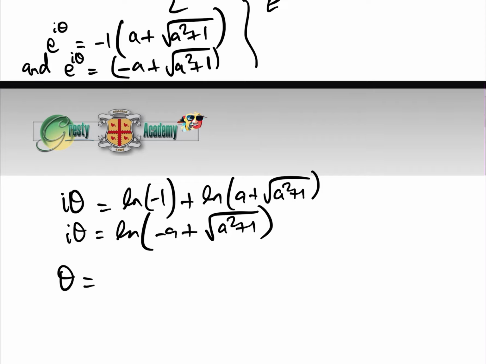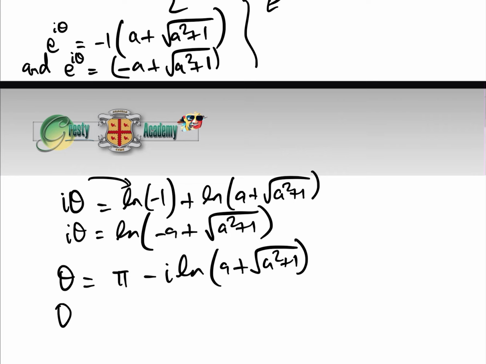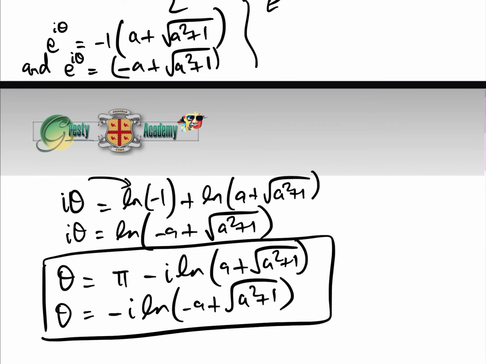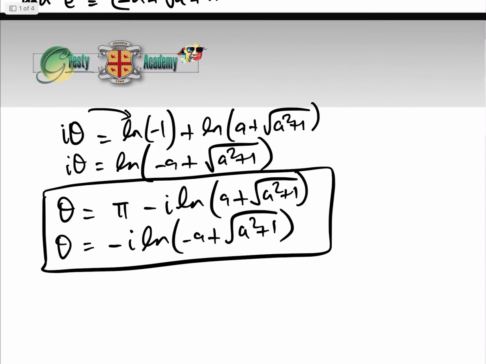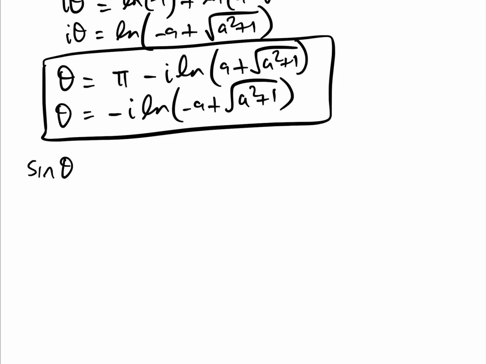And so therefore our two solutions here are theta equals log of minus 1, again we did this in the previous video, is πi, and so when we divide by i, we get π minus i log(a add root a squared plus 1), and theta equals minus i log(minus a add root a squared plus 1). And these two here, let me just check them, they are correct, yep, are the solutions to sin θ equals ai, and all we got to do now is the fourth one, sin θ equals minus ai.